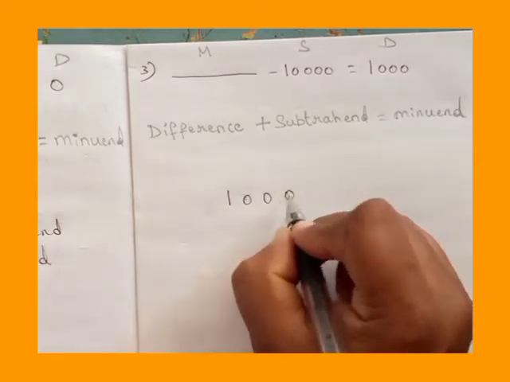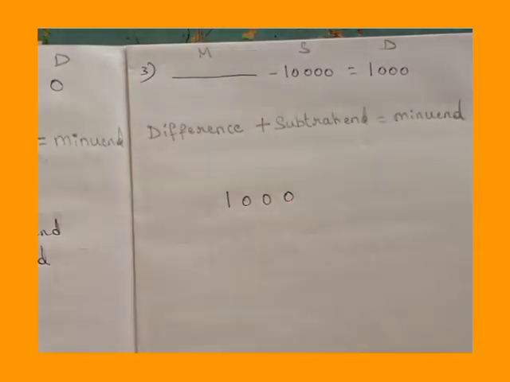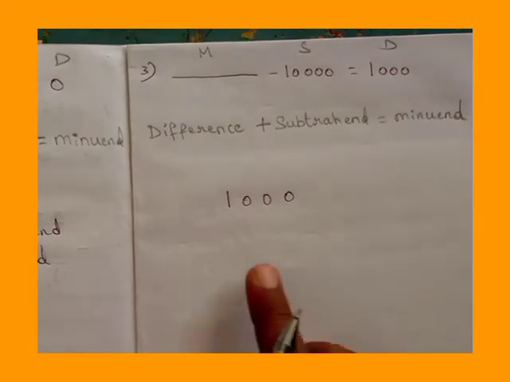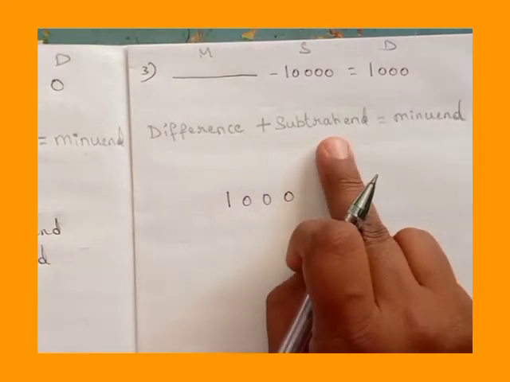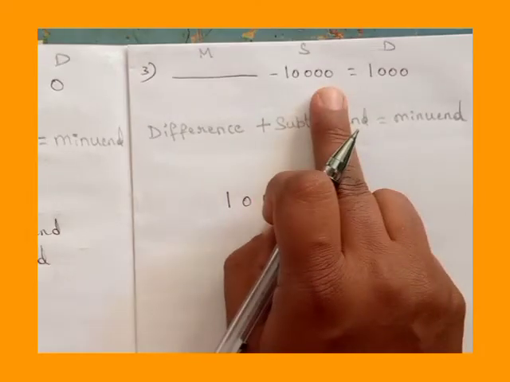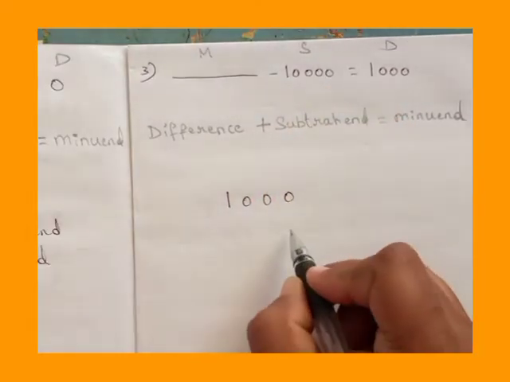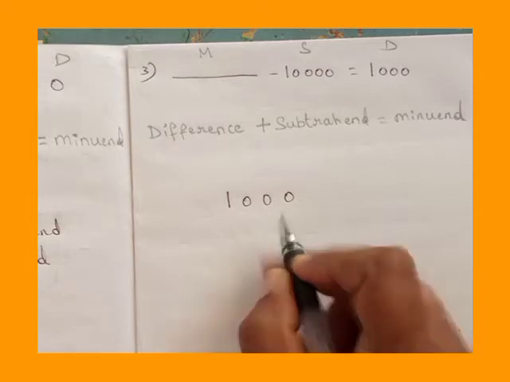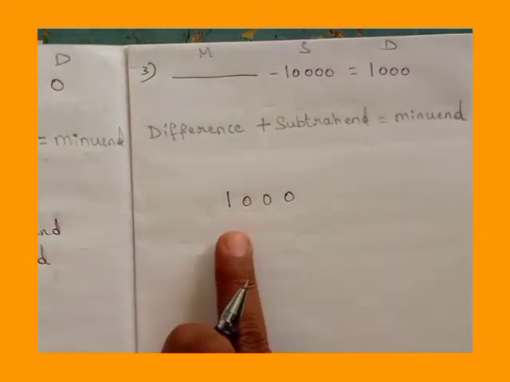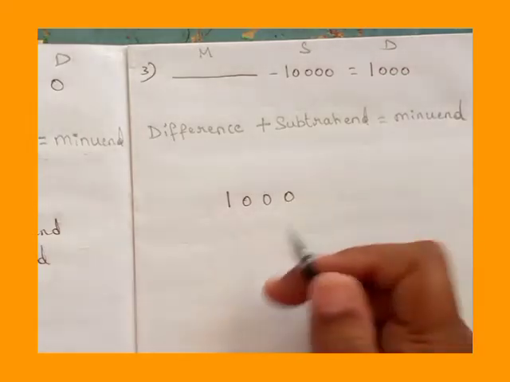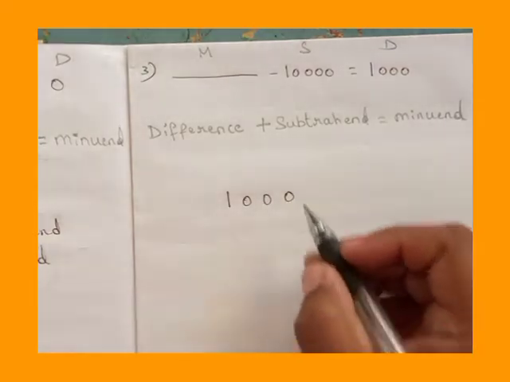So let's write 1000. See, dear children, I have written 1000 here. Then plus subtrahend. Subtrahend is 10,000. So start from the ones place, write 0, dear children, because if you start from here, you will not know where to add the numbers, so the answer will be wrong.